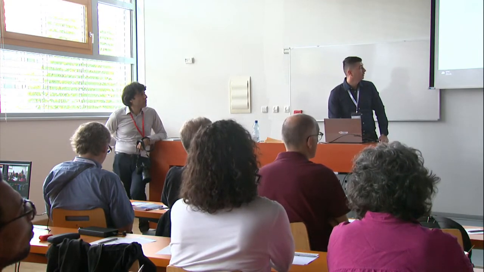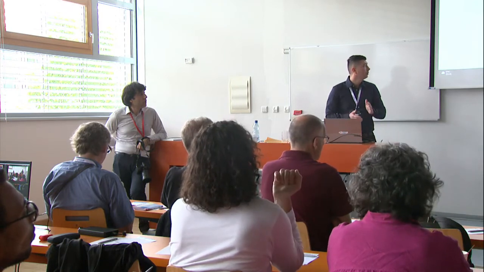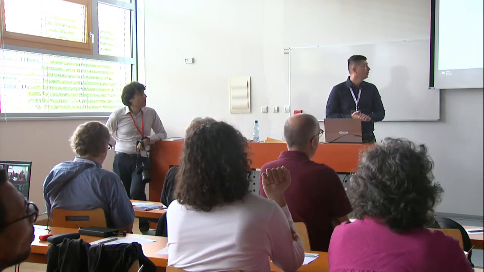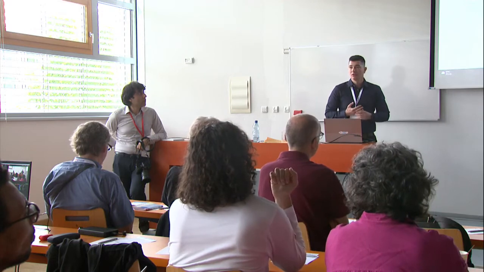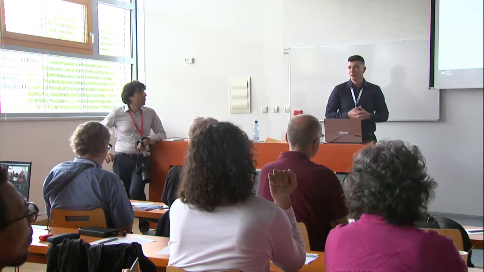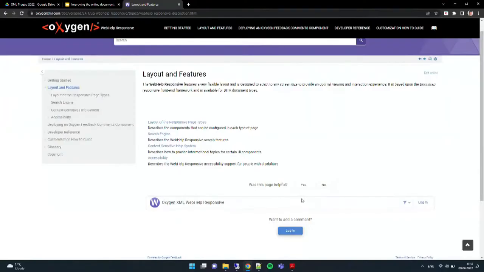We also use Oxygen feedback as a support tool. Users are reporting issues regarding the product where it is installed. So we use it this way. We are using it also as a review tool.